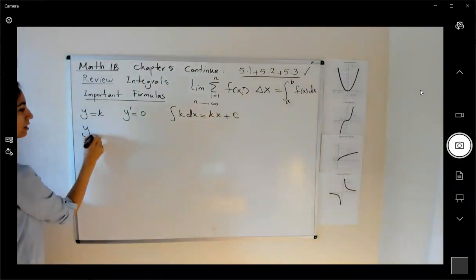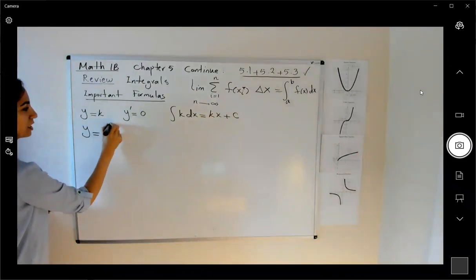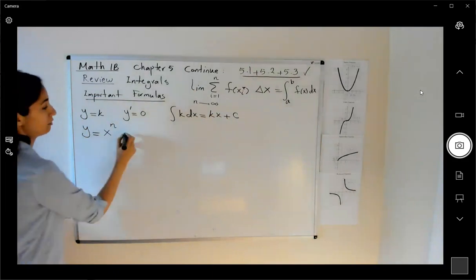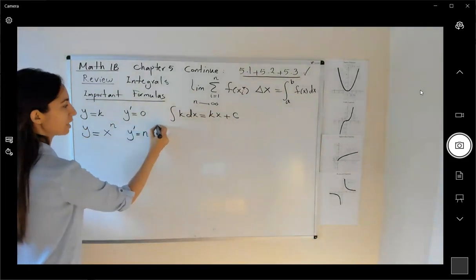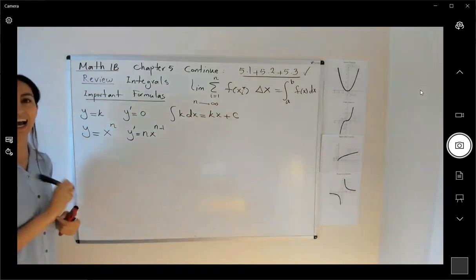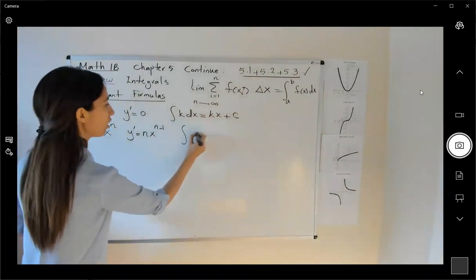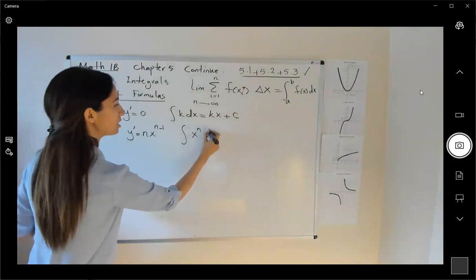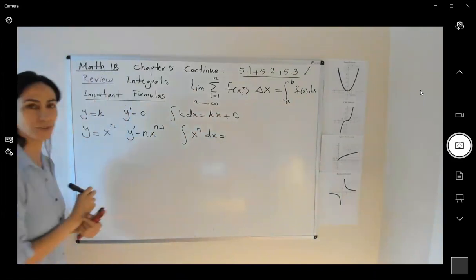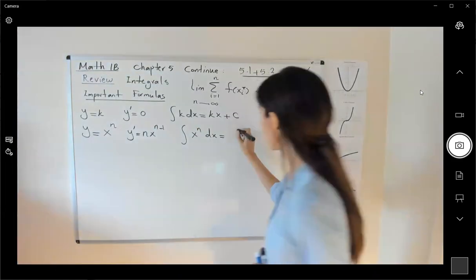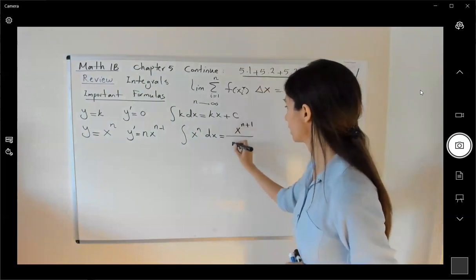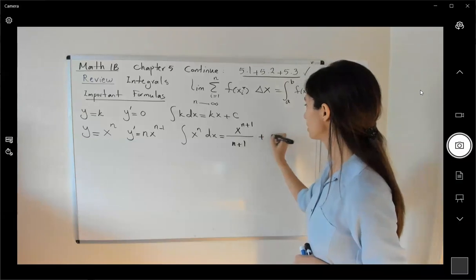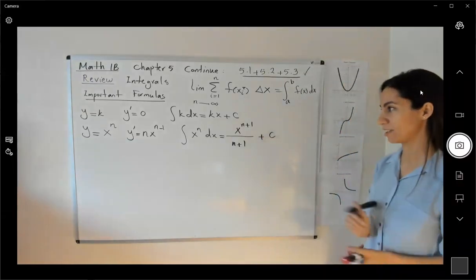If y is a power function, x to the n, we know that the derivative of x to the n is n x to the n minus 1, and the integral of x to the n dx is equal to x to the n plus 1 divided by n plus 1 plus the constant of integration.